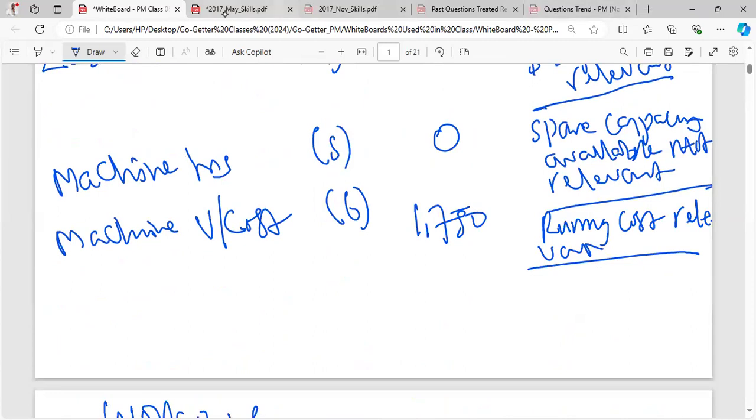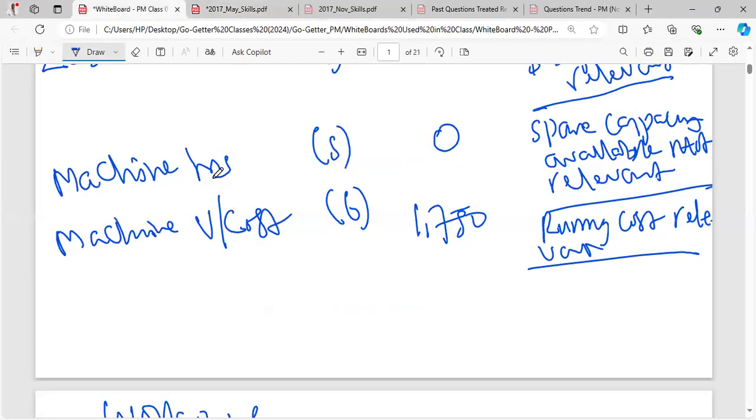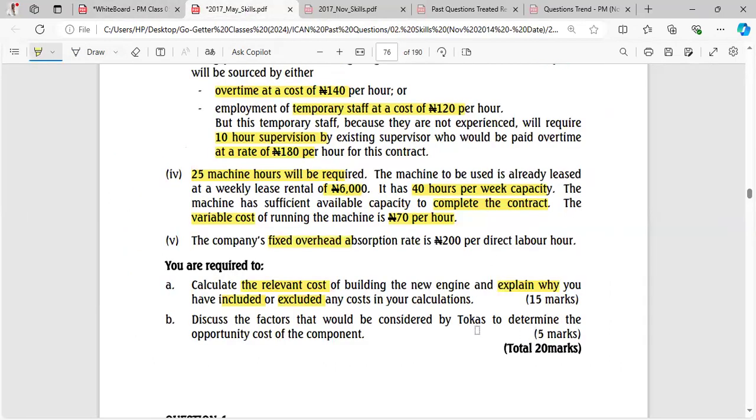Then the next one here is fixed overhead absorbed. There's no need to do workings here.